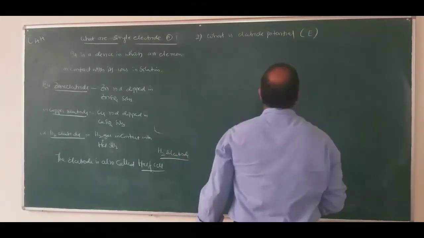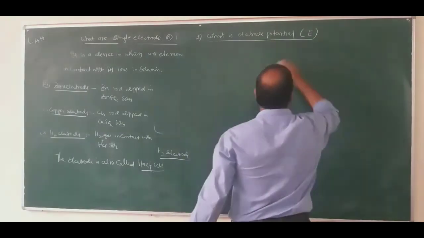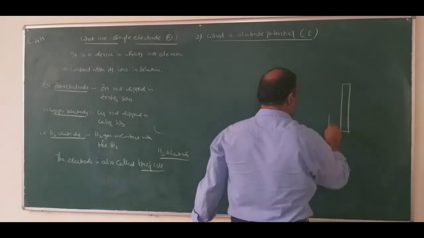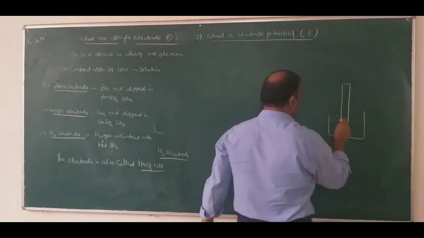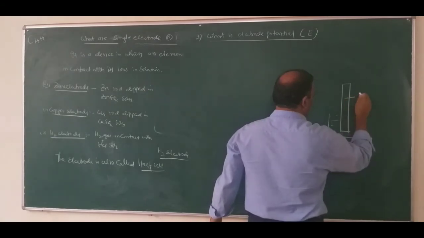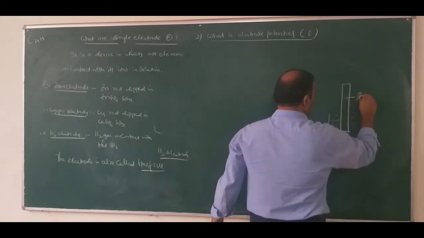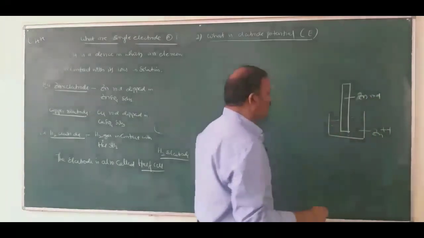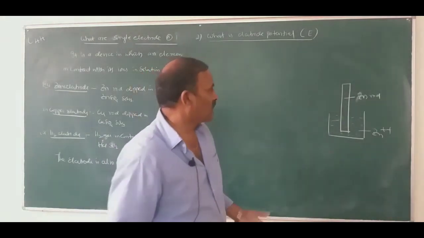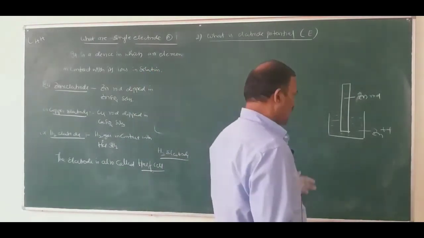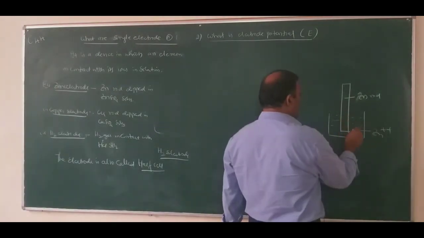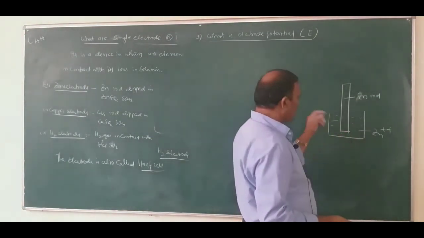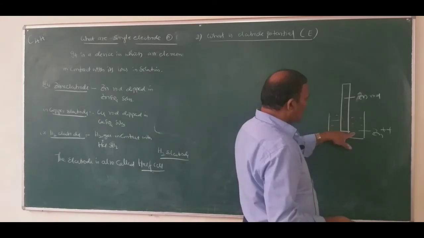It is represented as capital E. For example, when a zinc rod is dipped in zinc sulfate solution and a copper rod is dipped in copper sulfate solution, we get a zinc electrode and a copper electrode. When a zinc rod is dipped in zinc sulfate solution, there exists a potential difference between the zinc atoms and zinc ions.